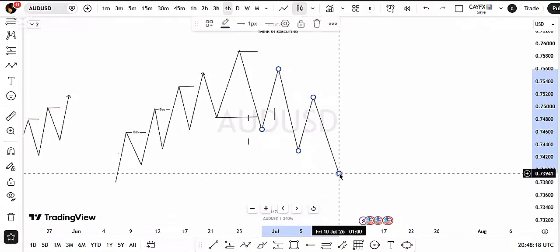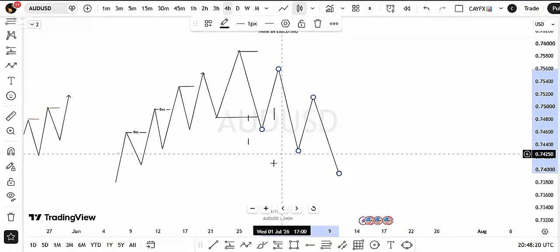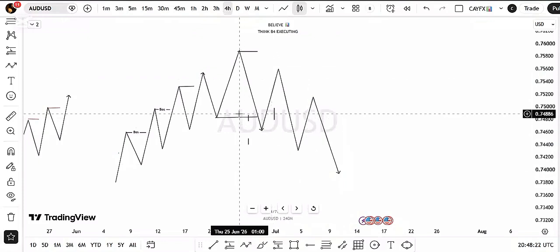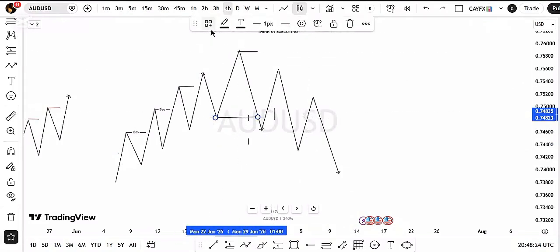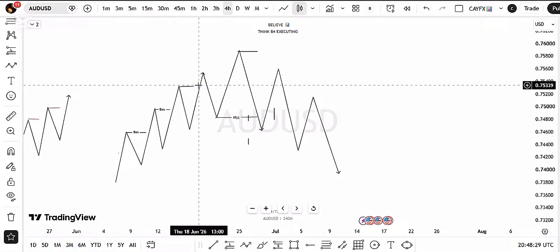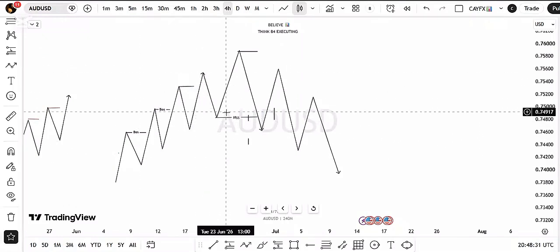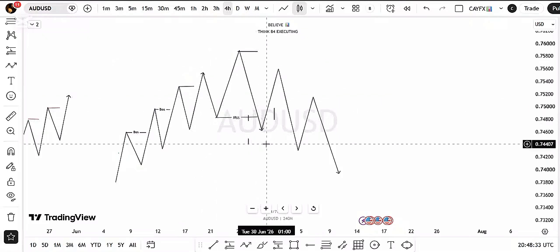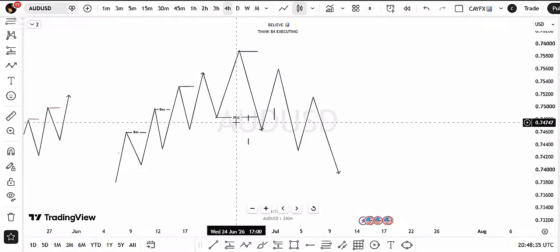Are you getting my point now? Come back here. And now we have what? A change of direction. Now the market is no longer in an uptrend. It's now in a downtrend. It has changed direction. Why?